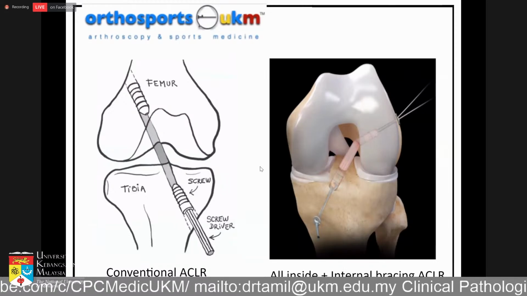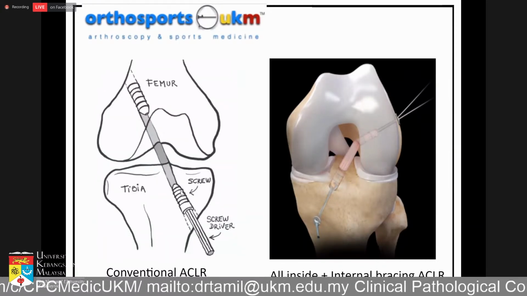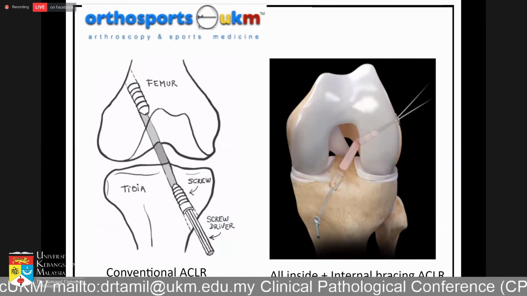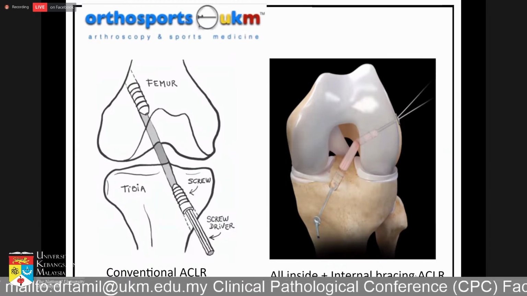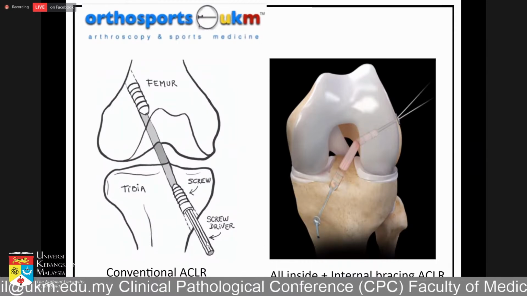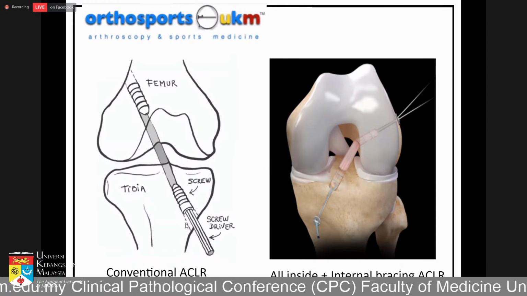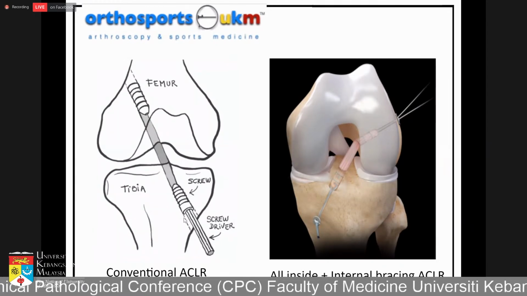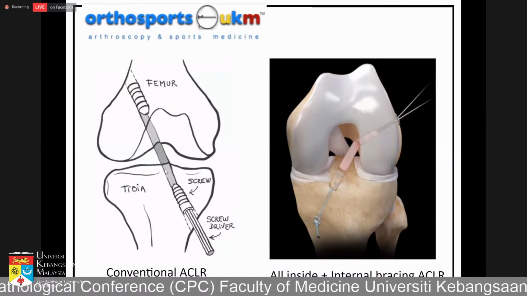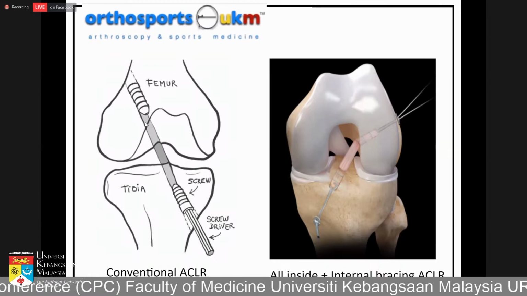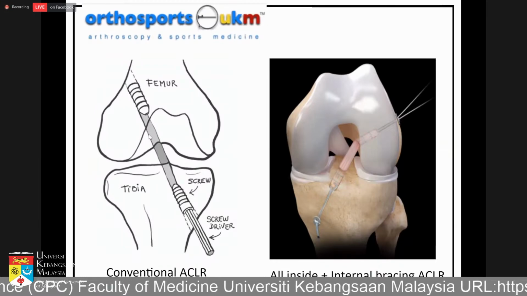So these are the two pictures of a conventional ACL recon, and this is the all-inside with internal bracing ACL recon. We first look at the conventional ACL recon. For conventional ACL recon, you need to drill a transtibial tunnel, from outside to inside, and we drill a tunnel from outside to inside at the femur bone also.